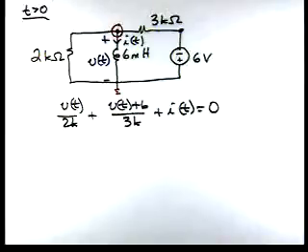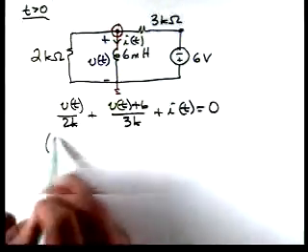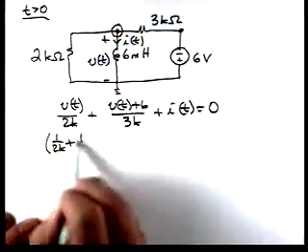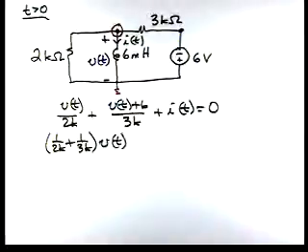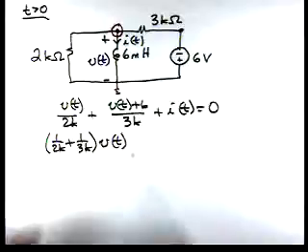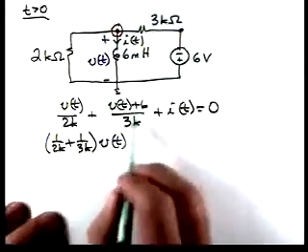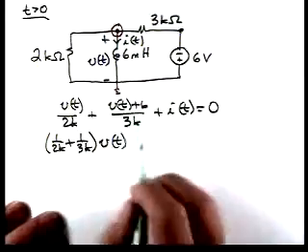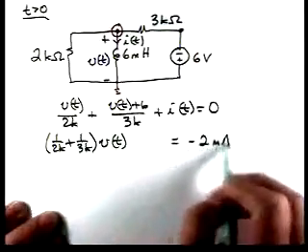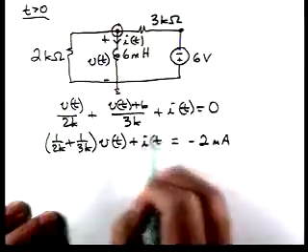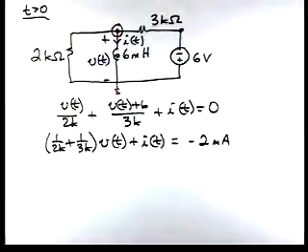Working on this equation some, we can collect terms. For instance, we'll have 1 over 2k plus 1 over 3k times v(t). This term here is 6 over 3k, that's 2 milliamps. We can move it over to the other side, where it becomes minus 2 milliamps, and we're left with an i(t) term.